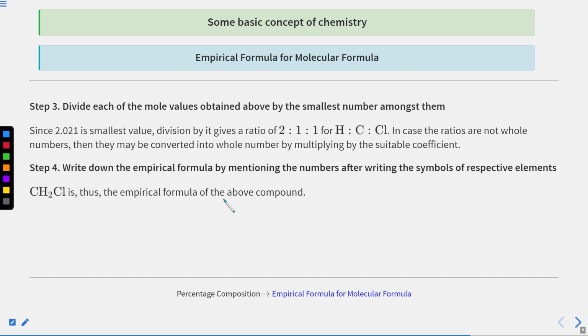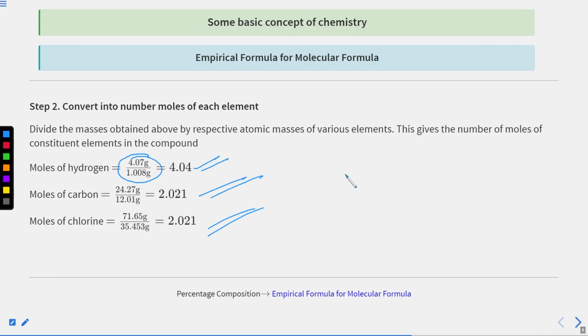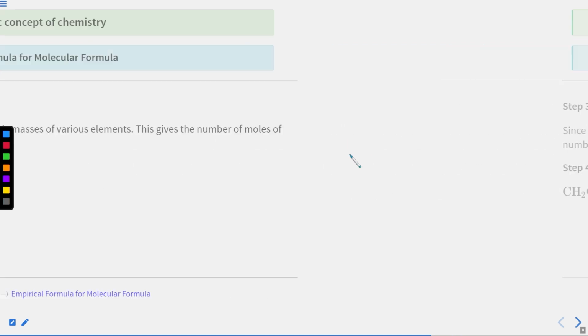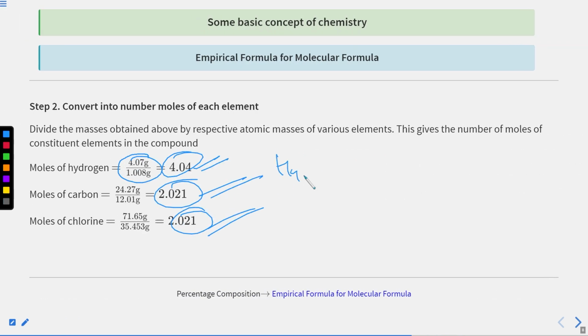Further, we have calculated the number of moles. That is the simplest whole number ratio, that is H4C2Cl2. But we are calculating the empirical formula, so we will bring it to the simplest whole number ratio.